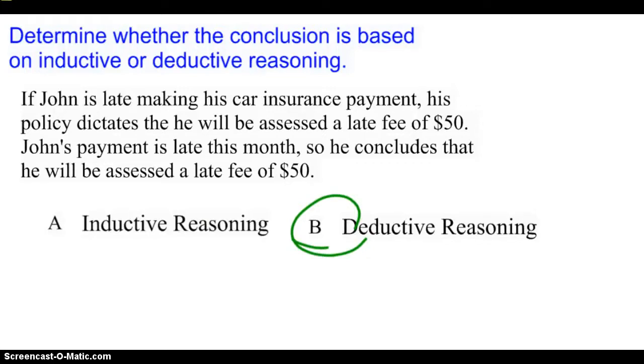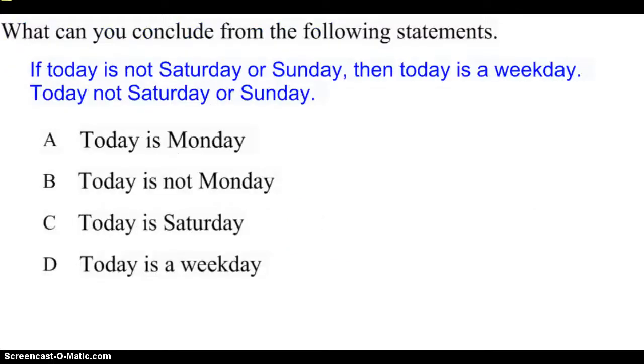Okay. Let's see it in a sentence more so than a paragraph. If today is not Saturday or Sunday, then today is a weekday. That's your conditional sentence, basically. Now I'm telling you today is not Saturday or Sunday. So can you make a decision on whether or not A, B, C, or D is true?